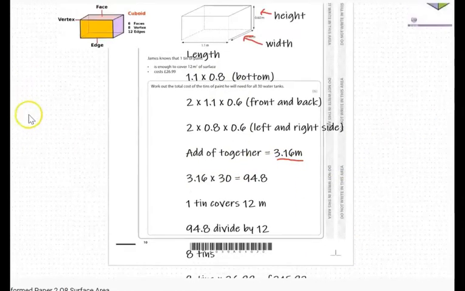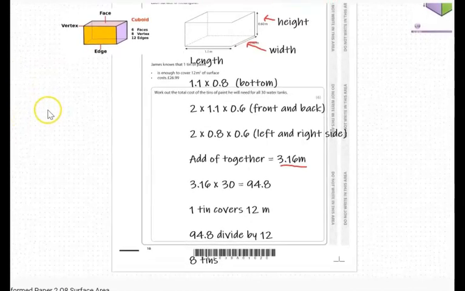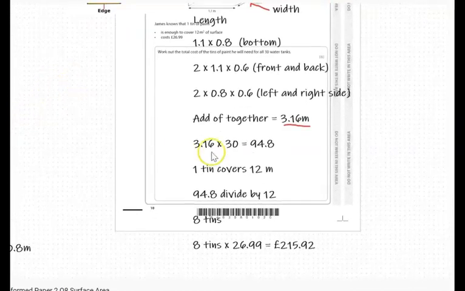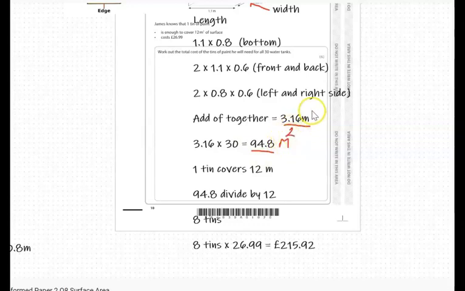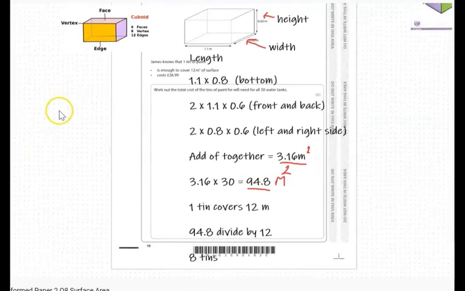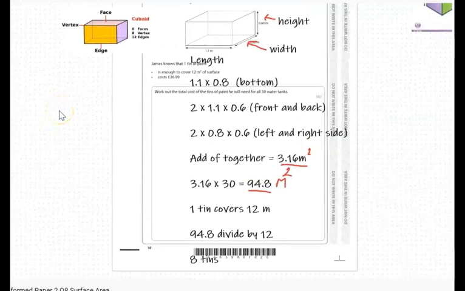So the question asks us for 30 of them. So 3.16 times 30 equals 94.8 meters squared. Meters squared in there as well. Okay, so we worked out the surface area, and the question then goes on.